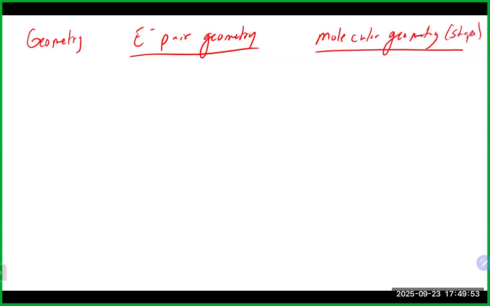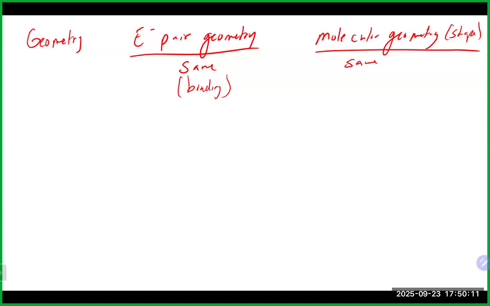Now, as we saw in certain cases, these names are the same. They will be the same when we only have one type of electrons around the central atom, when we only have bonding electrons, no non-bonding electrons, no dots.